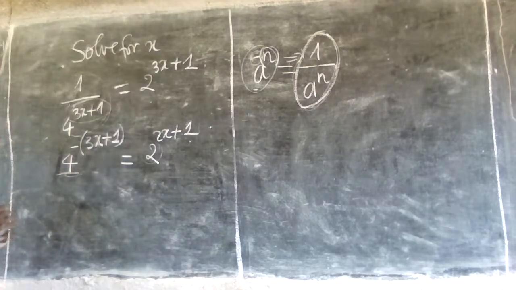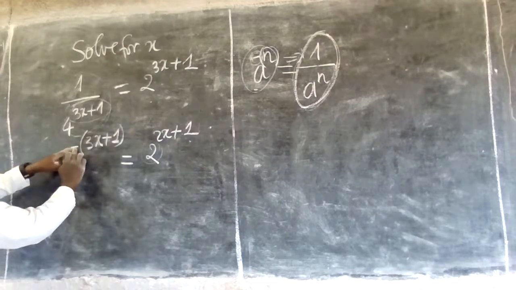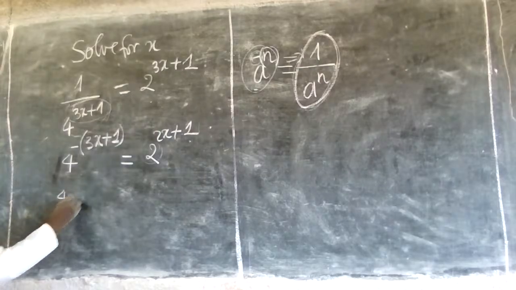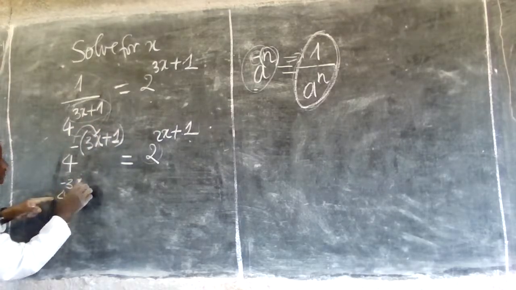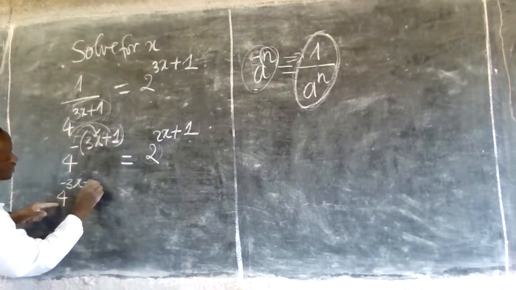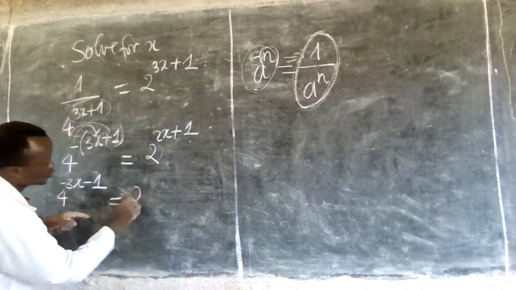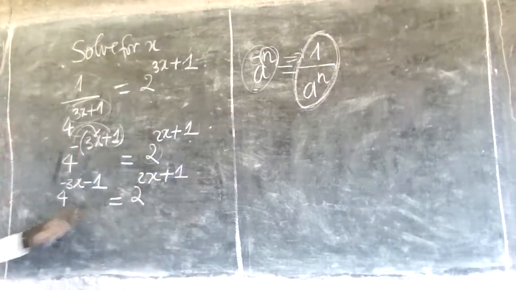Before factorizing, let's multiply this minus into the bracket. We have 4 power minus 3x, also multiplied by this minus 1. It is 2 power 2x plus 1.